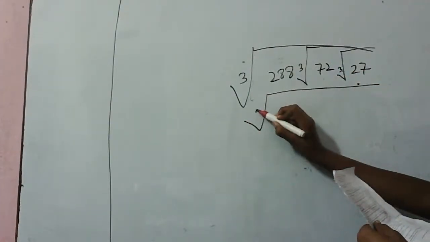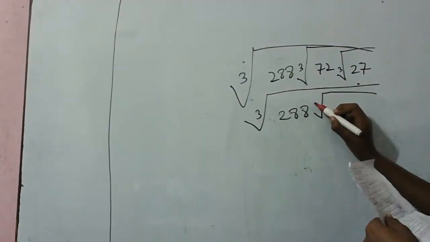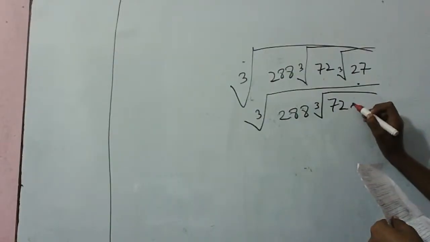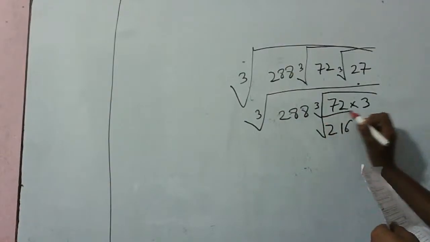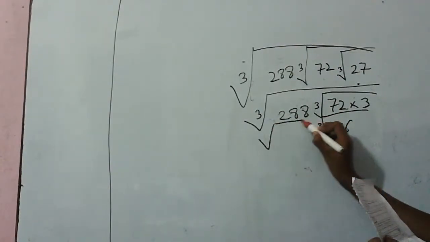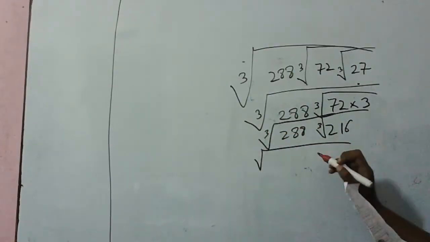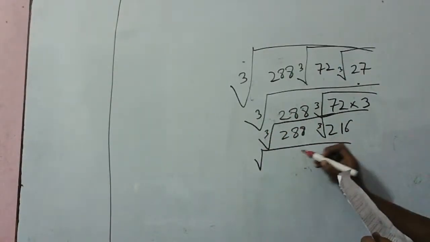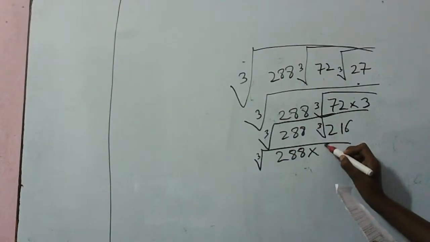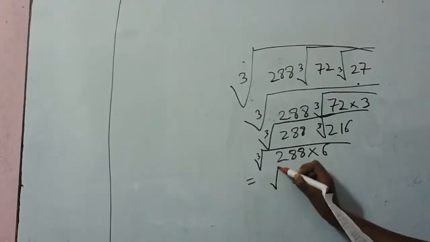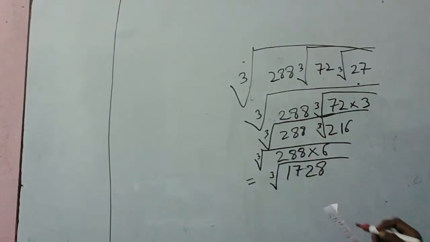We know that 27 is the cube of 3, therefore it becomes 3. Therefore we should multiply 72 with 3, it becomes 216. Now we know that 216 is the cube of 6, therefore it becomes 6, and we have to multiply 288 with 6, which equals 1728, and it is the cube of 12.